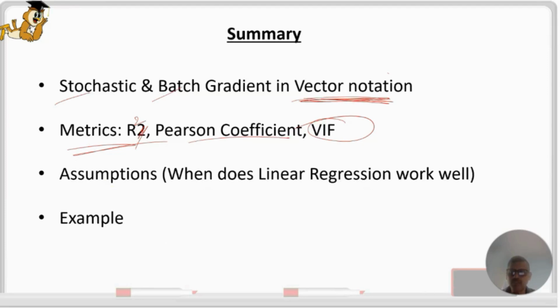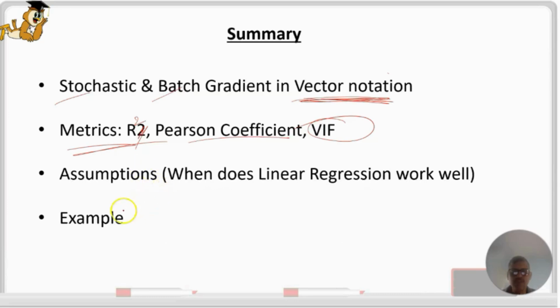Now, these assumptions are assumptions in the sense, when does linear regression work well? What are the characteristics of the data that yield good linear regression models, right? So that's what we looked at. We looked at linearity, multicollinearity, normality, so on and so forth. But we spent considerable time on that.